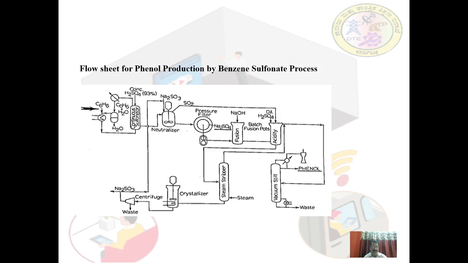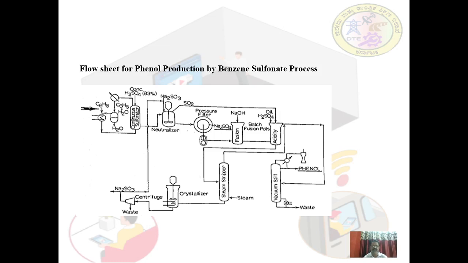Part of the sludge is used in the neutralizer step. The balance is sent to a paper mill or crystallized and dried to yield anhydrous sodium sulfite. That is the phenol production by benzene sulfonate route.